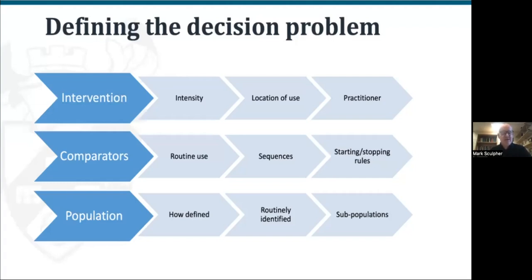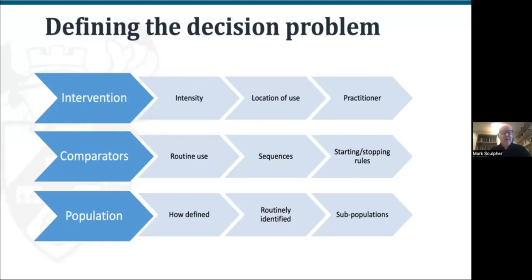There are three elements to this. What is the intervention we're interested in? What are the comparators to that intervention? So what are the other ways we could manage this particular situation, these patients or potential patients? What are the other things we could do for this particular patient group?